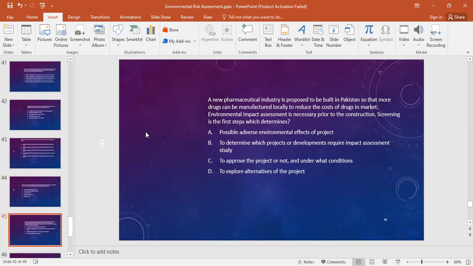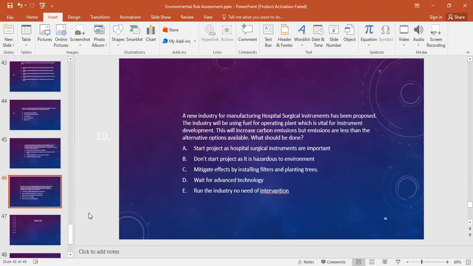To determine which project or development require impact assessment study, to improve the project or not, and under what condition, to explore alternative of the project. A. A. To determine which project or development require impact assessment study, A is the right answer.